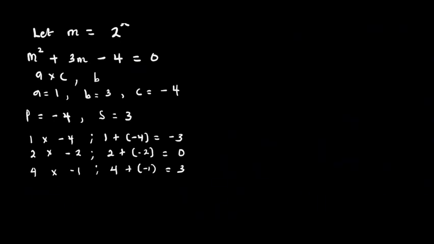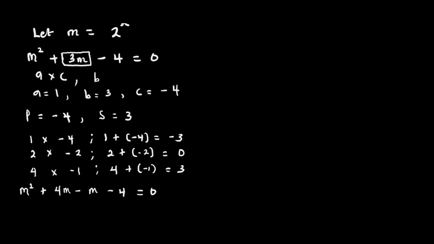Right? So I'm going to write out the quadratic equation. m squared, we have plus 3m here. So I'm going to replace plus 3m with my factors. I have plus 4m minus m. Minus 1m is the same thing as minus m, then minus 4 equals 0.